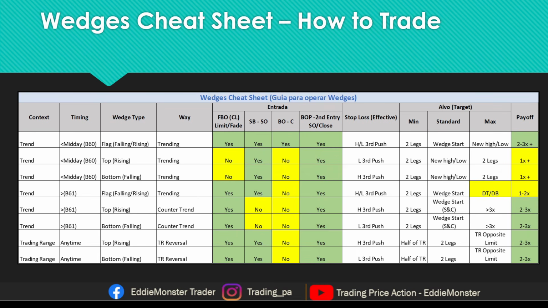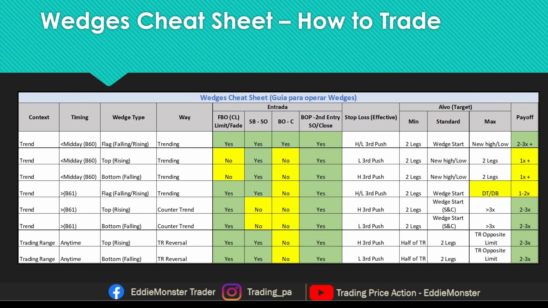Okay, breaking out of the flag, so you can enter, let's say, late. Okay, and then you have the breakout pullback second entry with stop order or even the close. So those are the four or five types of entry we can make.